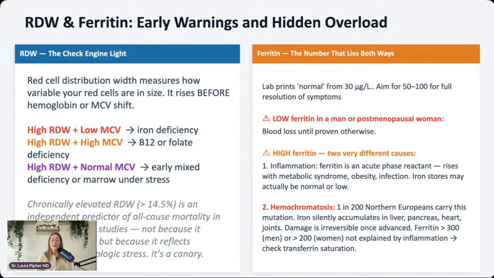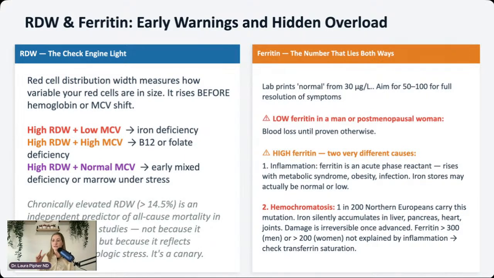Looks great. If we're not also running inflammatory markers and looking at concurrent inflammation, we're not able to determine: is that ferritin normal because they have a super low iron and lots of inflammation, or is the ferritin actually looking good?